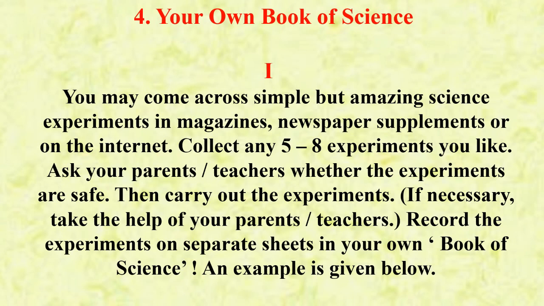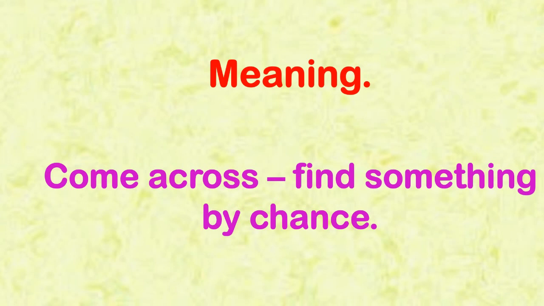You can do those activities or experiments with the help of your parents or teachers, and after doing that you have to note down the experiments and activities in the book that you have made. Come across means finding something new or by chance.